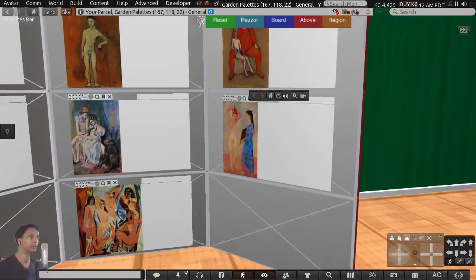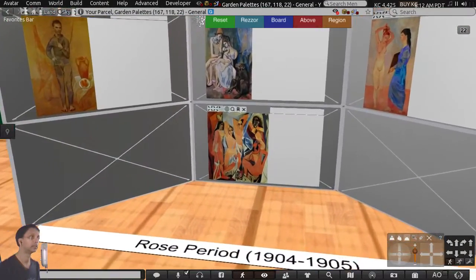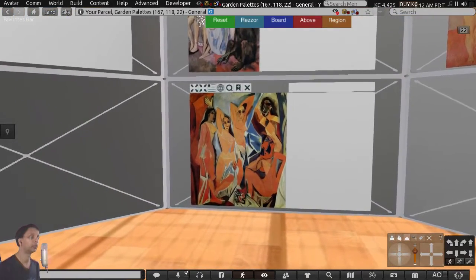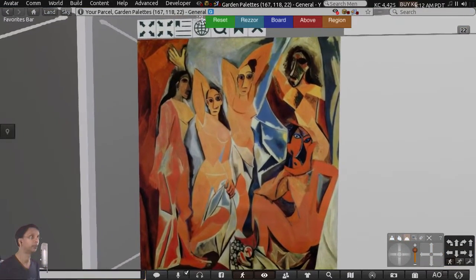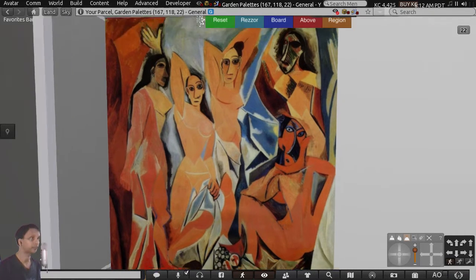But anyway, that's the pink period, and you can see that he's already trying to explore cubism here. He's moving into that realm.